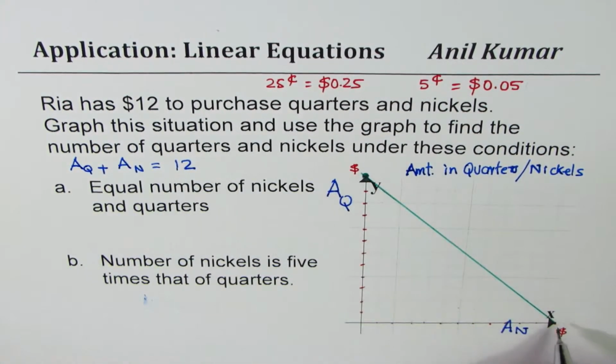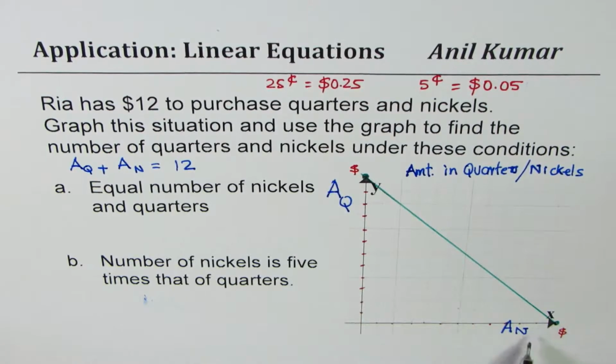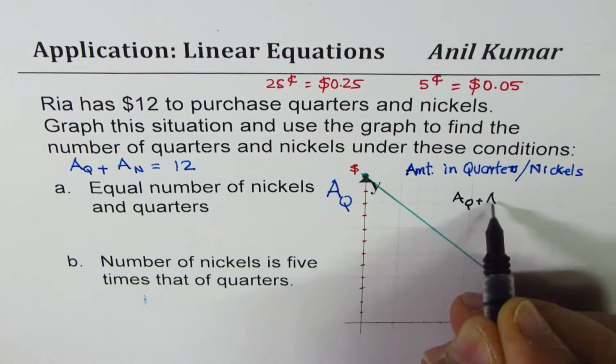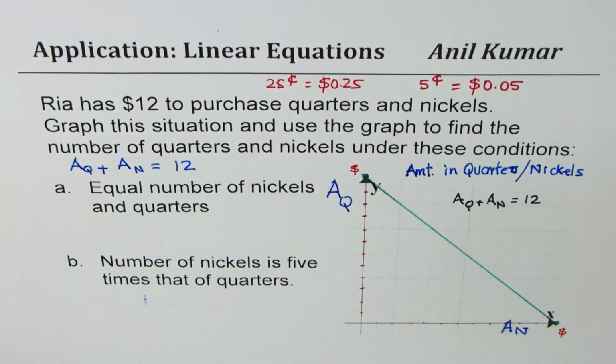We have a y-intercept and x-intercept, which we are going to call as q-intercept and n-intercept, since nickels are here on this side, correct? And the relation, you know, is clearly amount in quarters plus amount in nickels is equal to $12. That is the relation. So this is 12, and that is also 12 for us, correct?